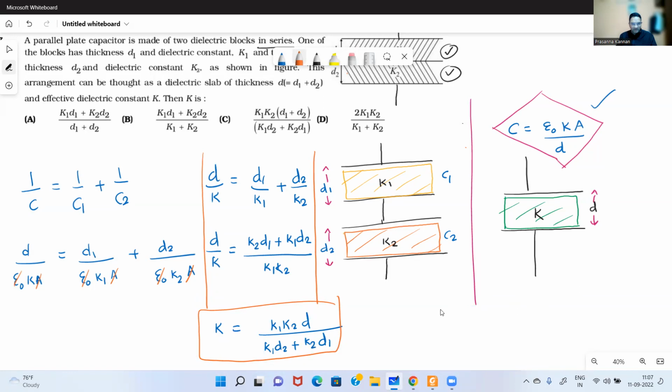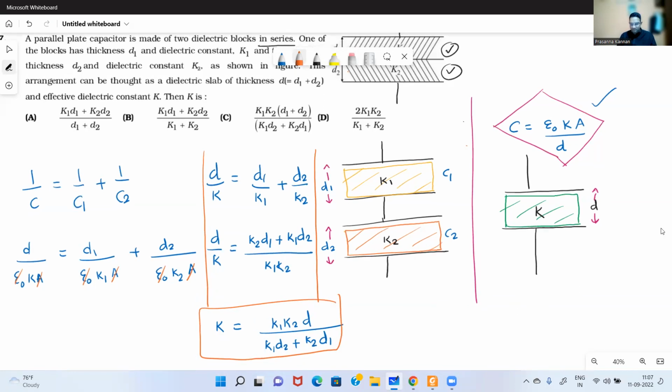So which option is correct? And what is D? D is nothing but D1 plus D2. So I can write it here.